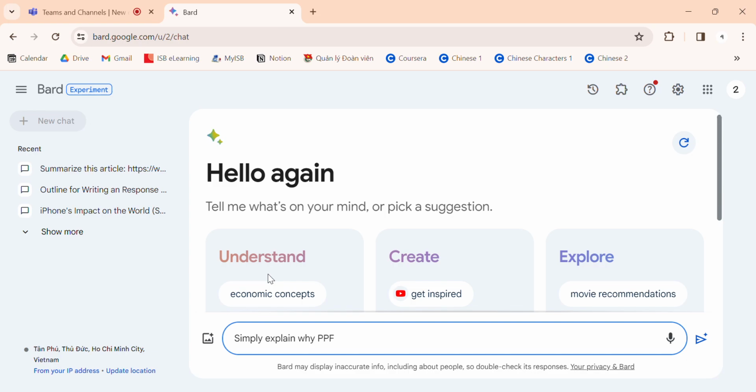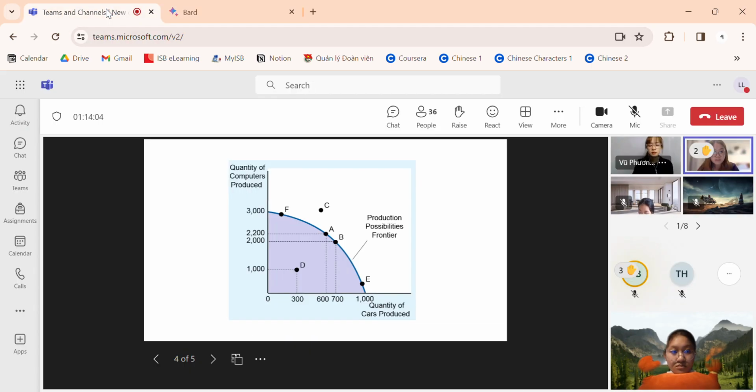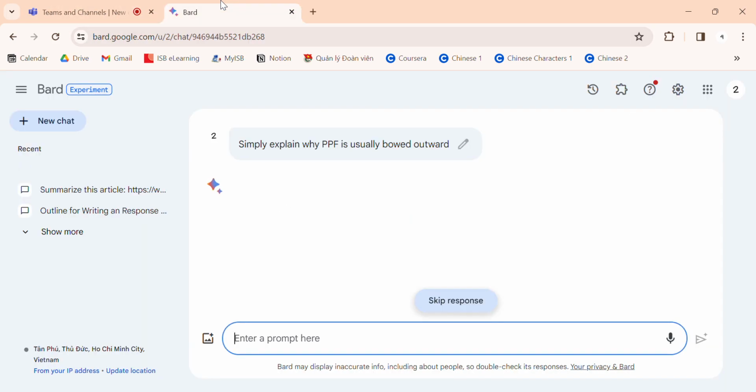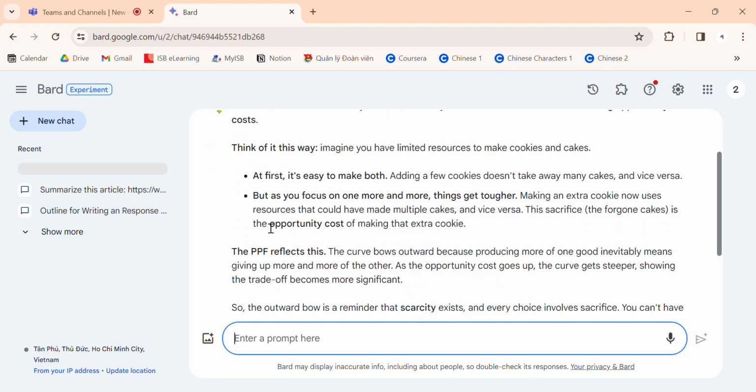What about Phương Nhi? Yes, Phương Nhi, can you tell me your answer? I think it's because of the inequality of the available factors in production. The availability, is that what you mean?